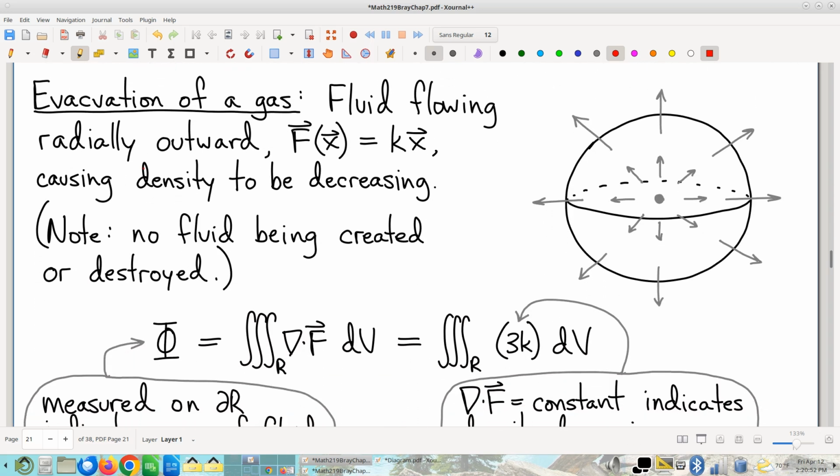This one's a totally different kind of fluid. There are different kinds of fluids, not in a chemistry sense, but in terms of how they behave. So in particular, here we're going to talk about a physical fluid. Let's talk about a gas.